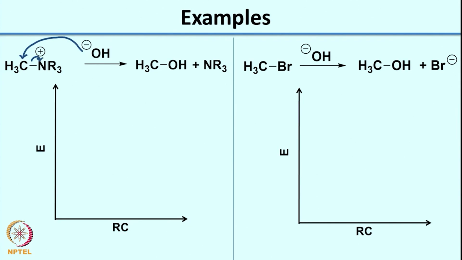So, it is an SN2 like mechanism. Here you again have a hydroxide, it is not a charged species, coming here and the Br minus leaving. So, both of these are first of all classified as SN2 mechanisms.